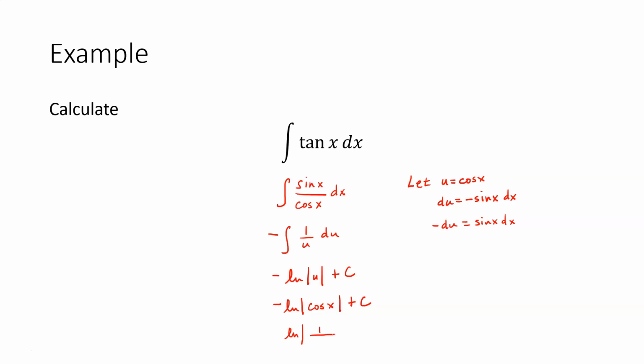So it would be 1 over cosine x. Of course, we know that can be written as secant. Okay, so here we have the integral of tan x is ln of the absolute value of secant x.